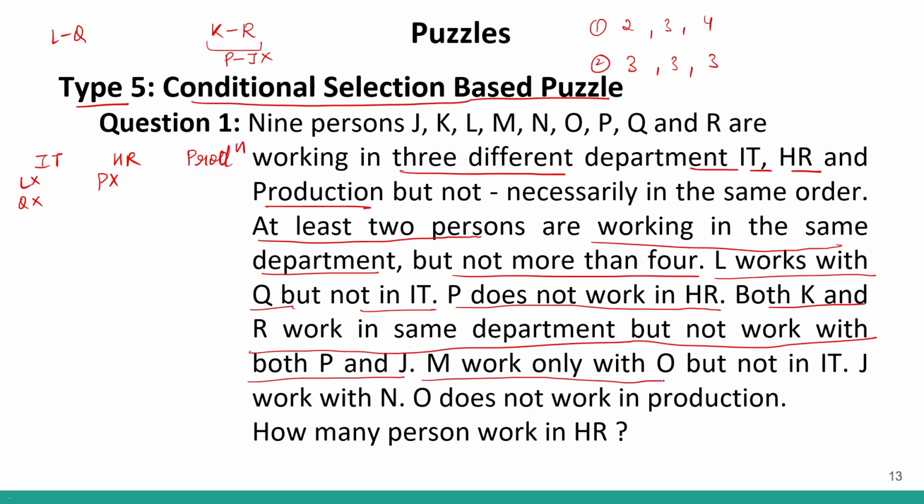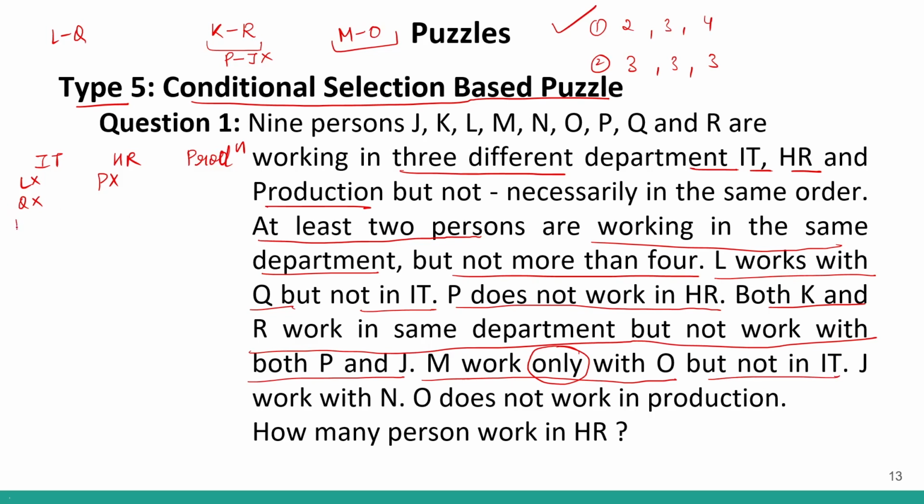M works with only O. Please pay attention to the word only. M works with only O, that means there would be a department where 2 people will be working, and there would be a department where 4 people will be working, because M works with only O. So MO will be together in a department, but not in IT.